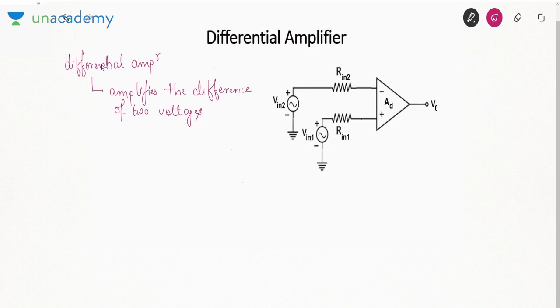Now what you have to see is, this is the positive or the non-inverting input. This is negative, which is also called your inverting input.